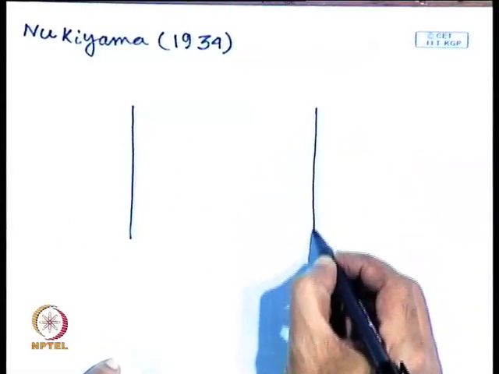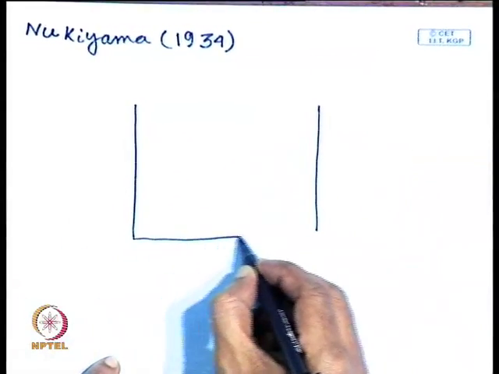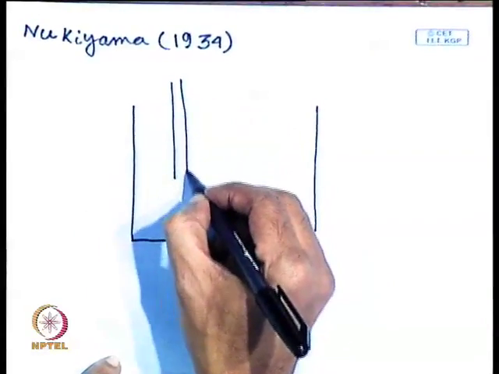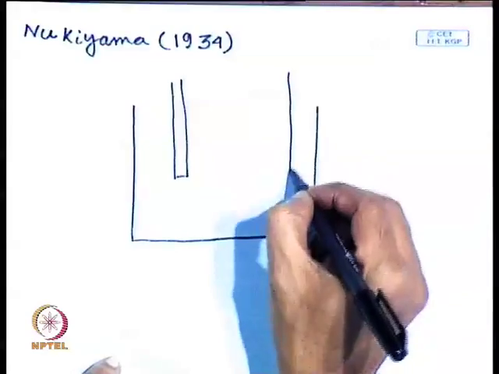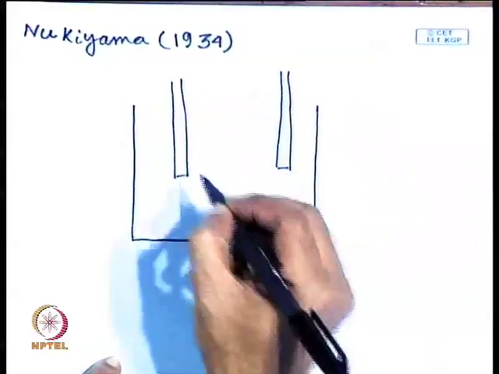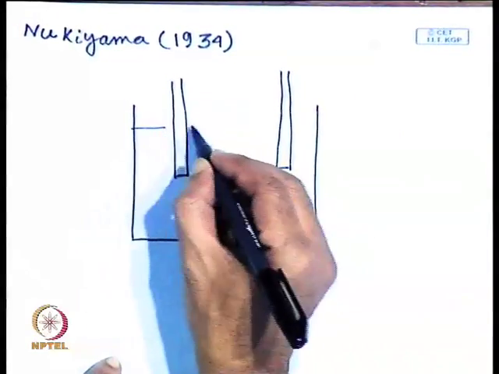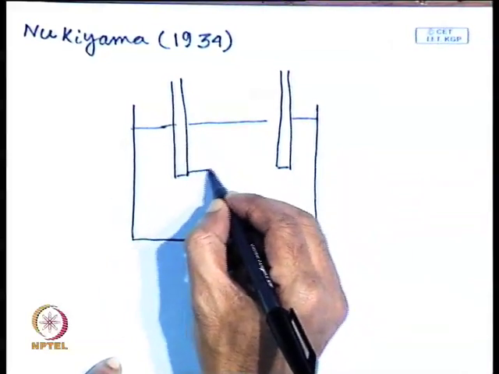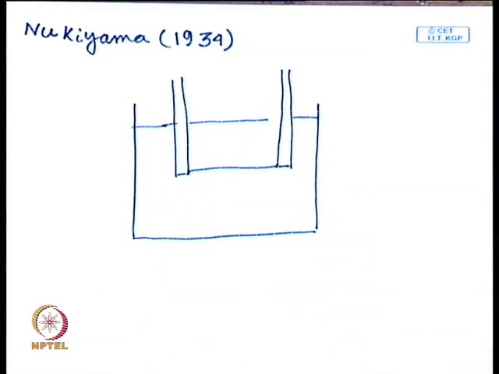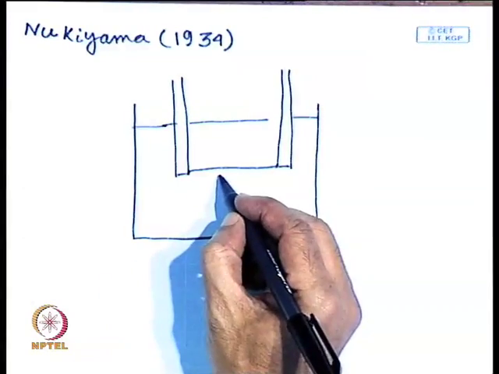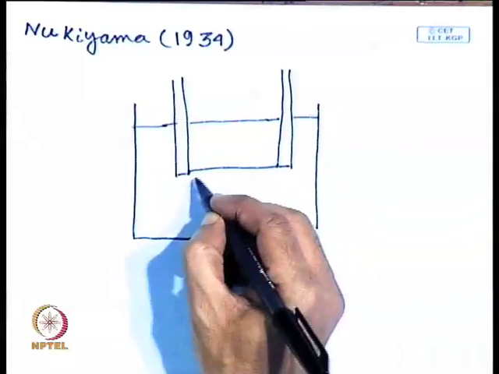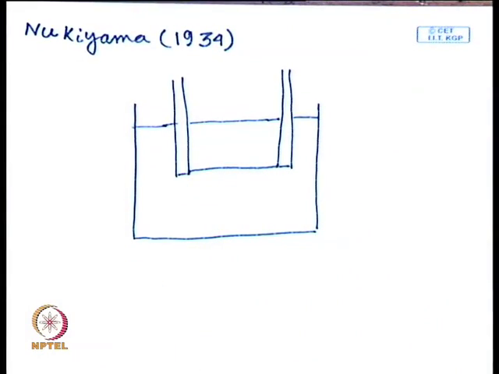There is a pool of liquid. In this pool of liquid, what he has done? He has put a heater, an electrically controlled heater, and this heater was nothing but a very thin platinum wire. So, this is the heater on which the boiling will take place if this heater is heated to sufficient temperature.